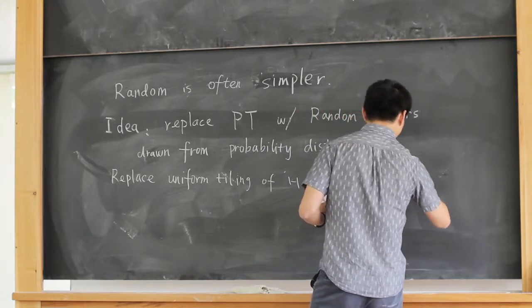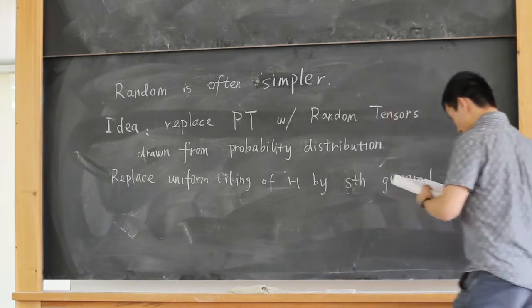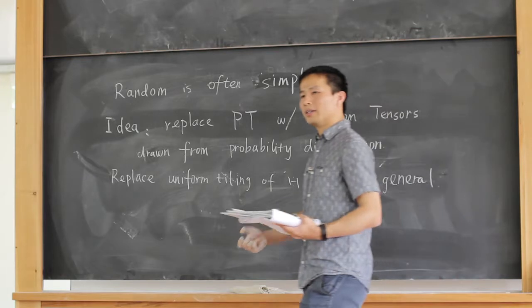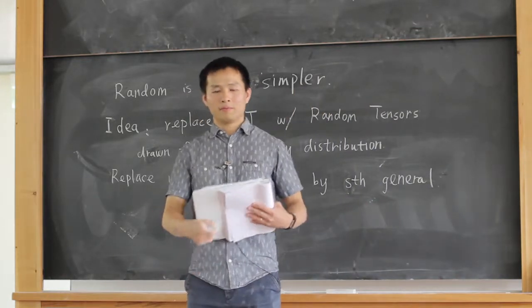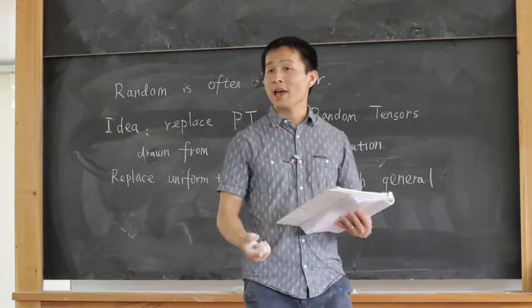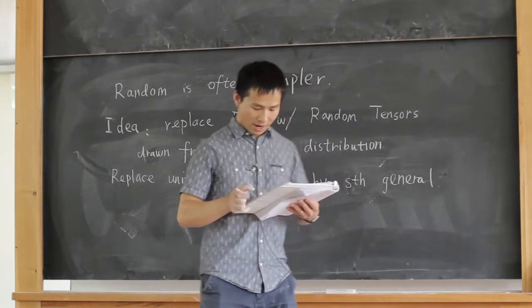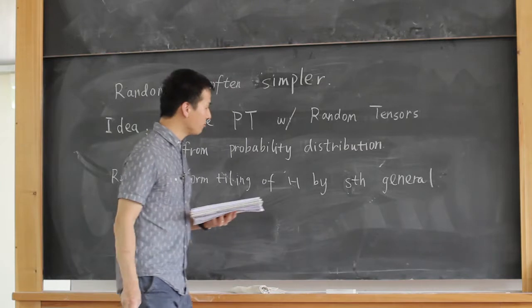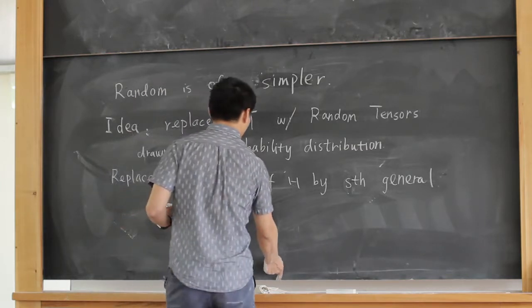It can be any graph in general, with some bulk dangling legs and some boundary dangling legs. So that's the idea. It's very general. We don't have to commit to a particular kind of network.